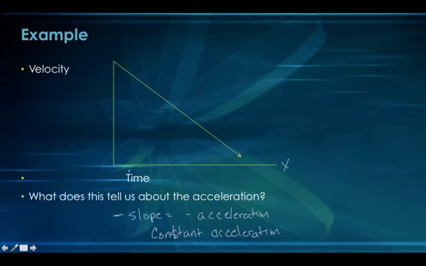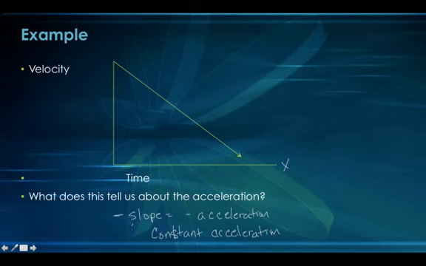So if the line is above the x-axis in this case, it is positive velocity, which means that it is moving to the right. Once it crosses the x-axis, it is moving to the left. So once it crosses the x-axis, velocity becomes negative. And once velocity is negative, it is moving to the left. It's moving in the opposite direction.